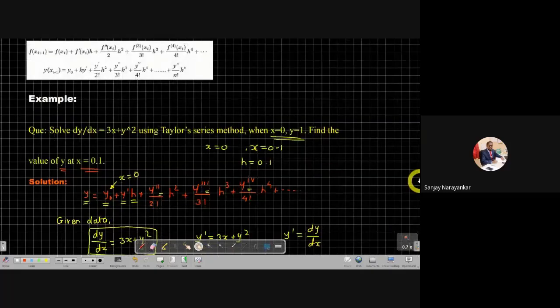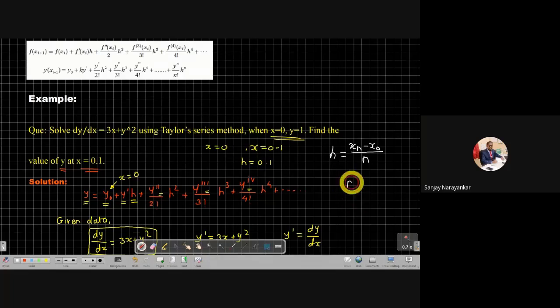See, as I told you, generally h is what? It's a strip size. So h formula is nothing but xn minus x0 upon number of strips. Since Taylor series is one step formula, you get the answer in one step from the Taylor series. So it's a one step method.